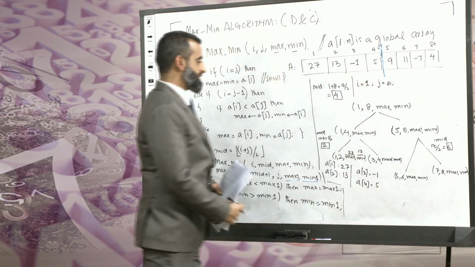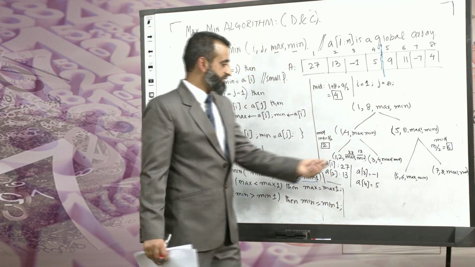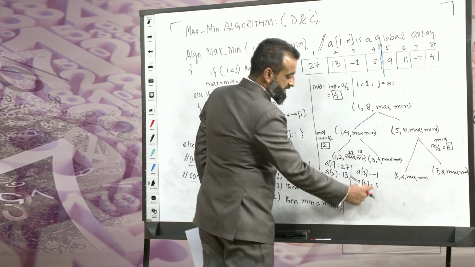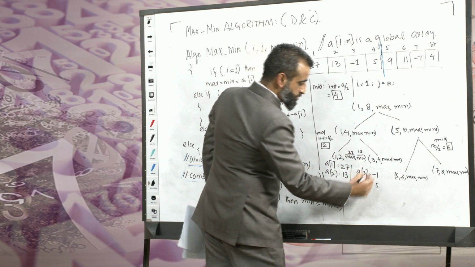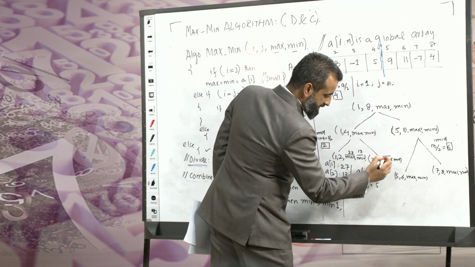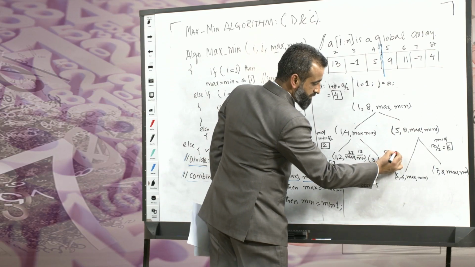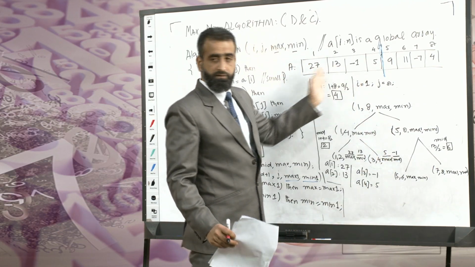If we make the comparisons between a of 3, that's minus 1, and a of 4, that's 5, we can find out that a of 4 is larger than a of 3 in this case. So 5 is larger than minus 1. So max 1 here will be storing a 5, and min 1 will be storing a minus 1. So this half we are done with.